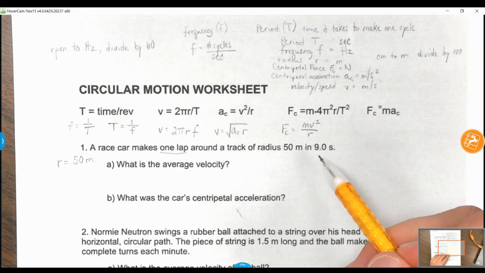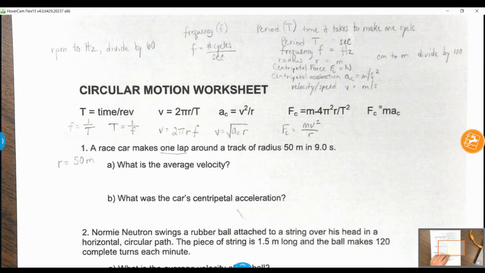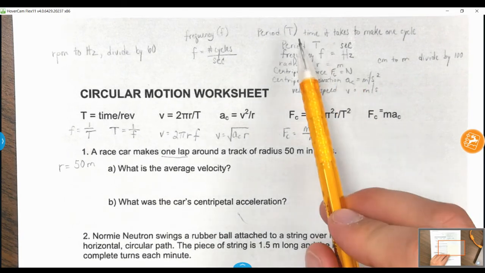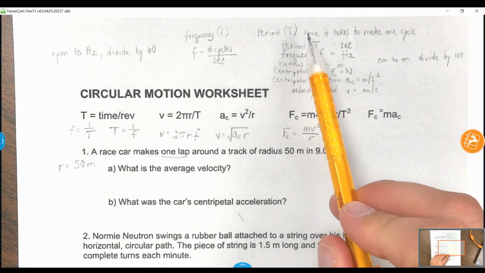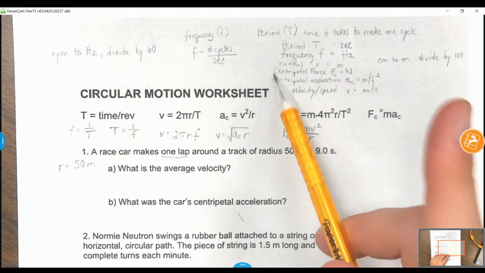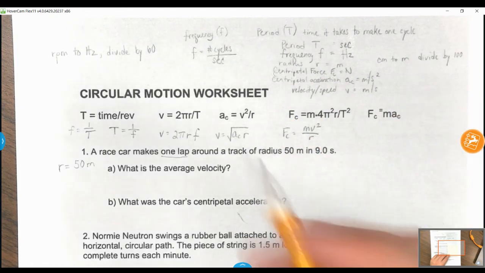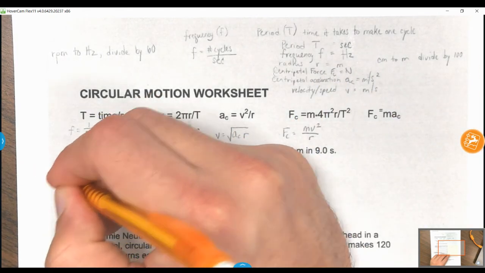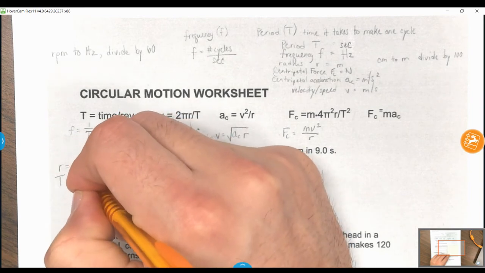So what is this 9 seconds then? Since it's making only one lap in that period of time, that is the period. That's the time it takes to make one complete cycle. So that is why capital T here is going to be this 9 seconds.